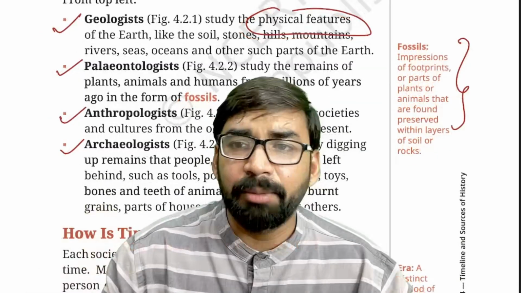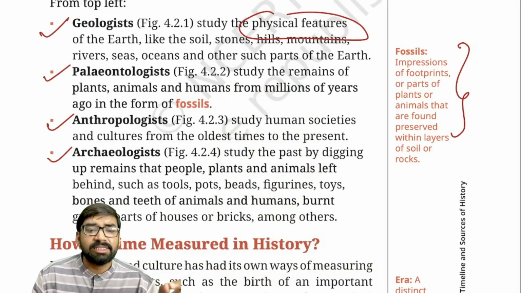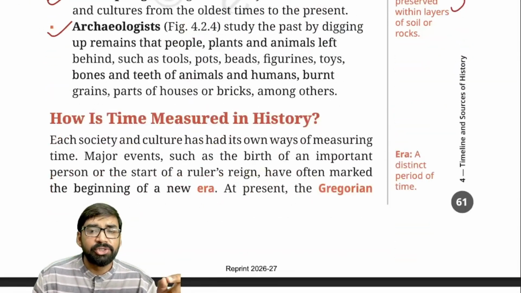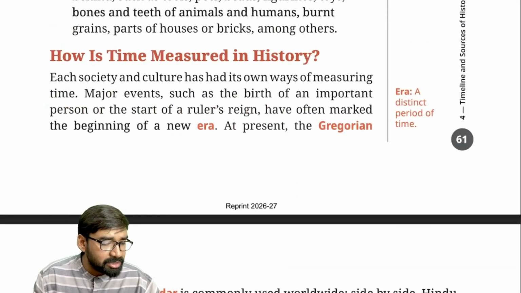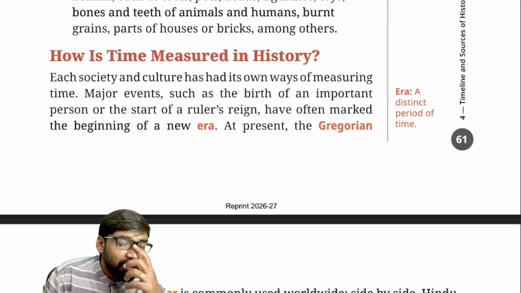Now another important thing that we need to understand, how is time measured in history. अब हमें सबसे पहली चीज समझनी होगी कि टाइम को कैसे हम मेजर करते हैं हिस्ट्री में, है ना. ठीक है.